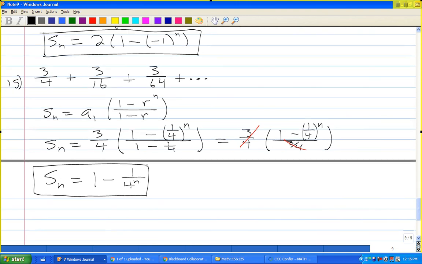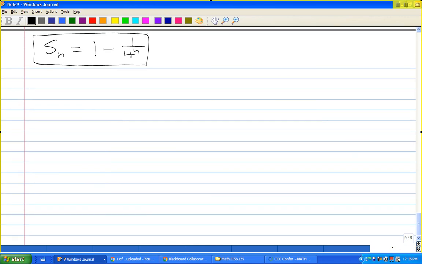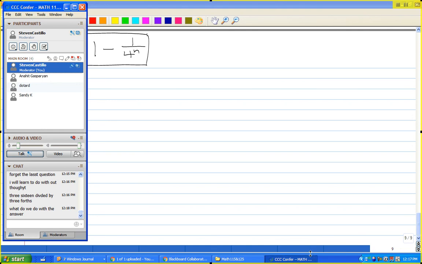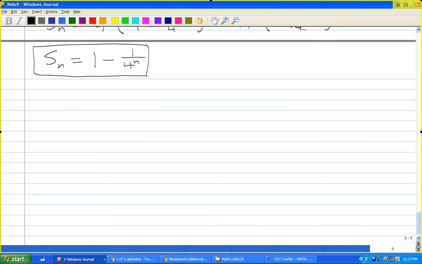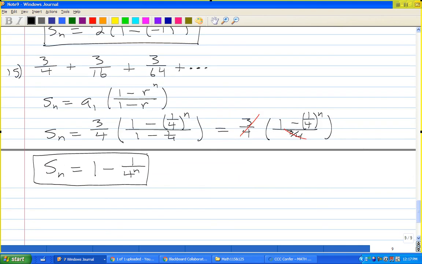So first, what I notice is the following: if you want to find the sum of the first 5 terms of this sequence, so say you want to do 3/4 plus 3 over 16 plus 3 over 64 plus 3 over 128 plus 3 over 256, and I say, well, what is that equal to?